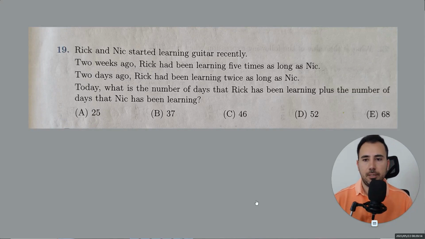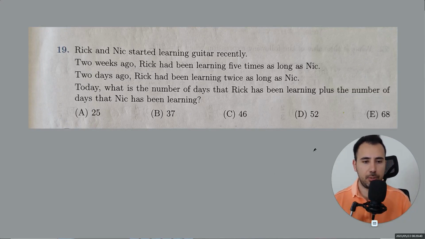The question is ambiguous. Because here it says 5 times as long as Nick in terms of what? Like the number of sessions, hours? Here it says the number of days, so we have to assume that the number of days was 5 times more.